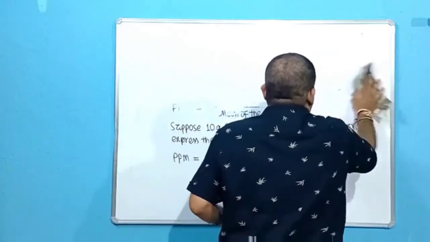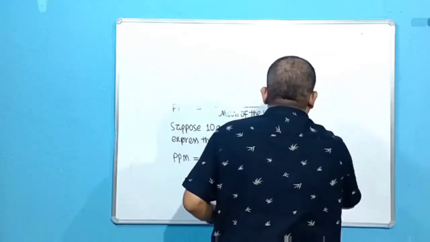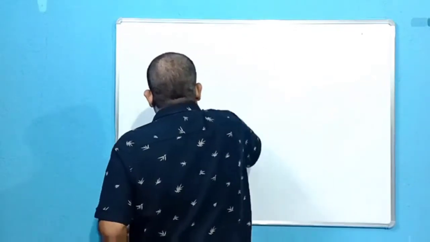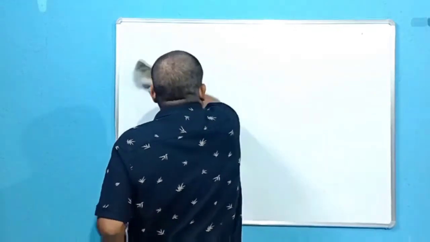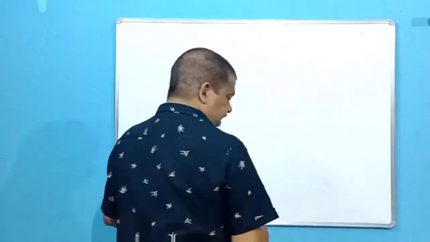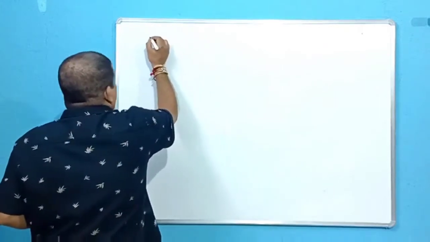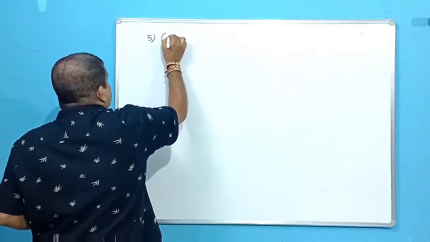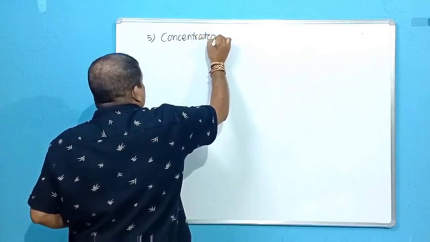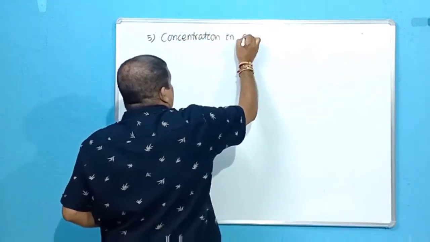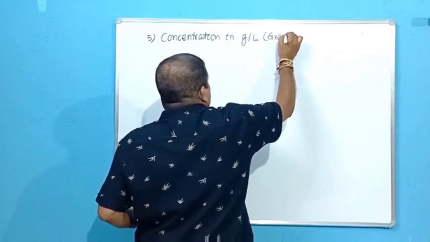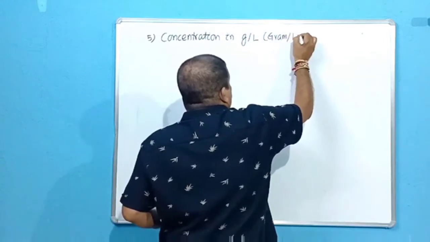Okay. Then next is a simple expression, the fifth one, that is concentration in terms of grams per liter. Concentration of the solution in terms of grams per liter. So the fifth is concentration in gram per liter.